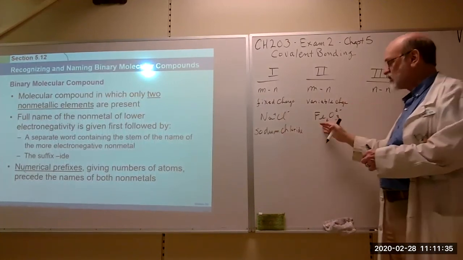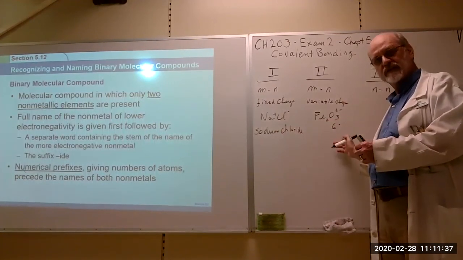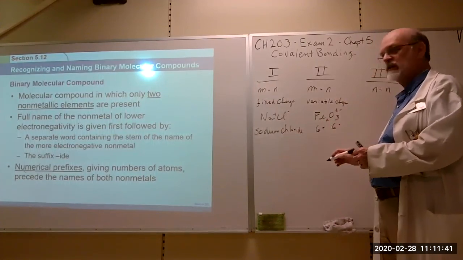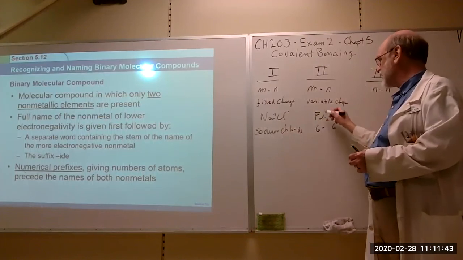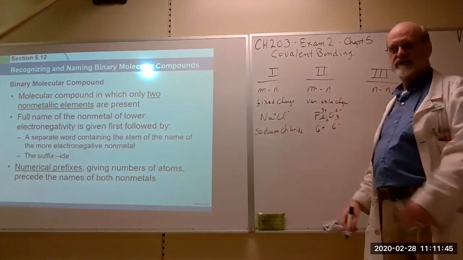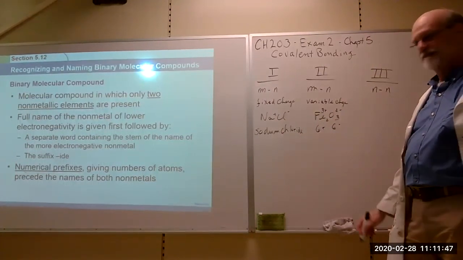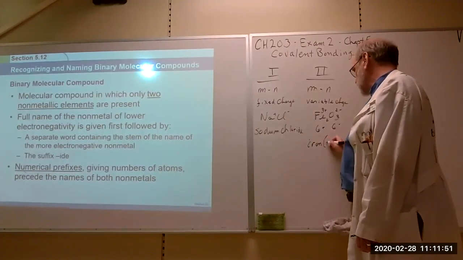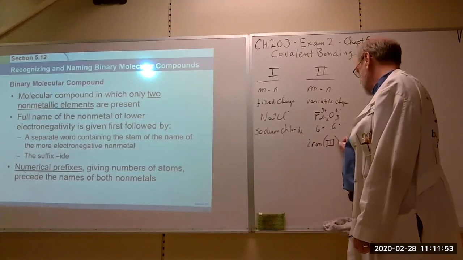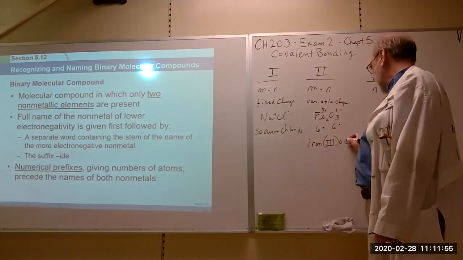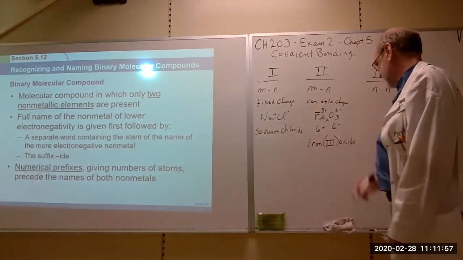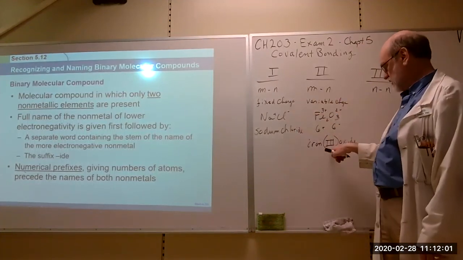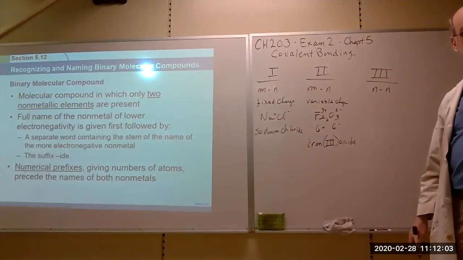So that means these two irons have to balance that 6 minus with a 6 plus total. How do you get 6 plus total out of 2 irons? Each one has to be 3 plus. Then you name it: iron(III) oxide, iron with its charge, oxide. That's the difference between these and these. You always have to say what the charge is.